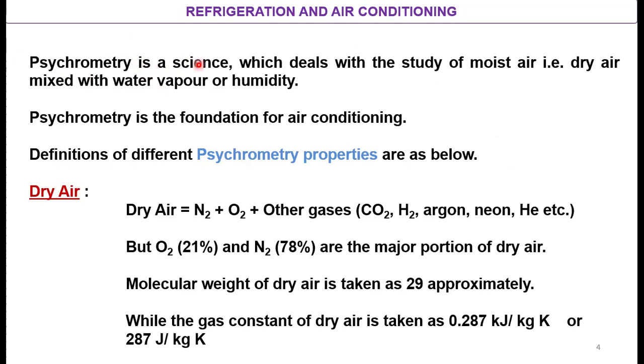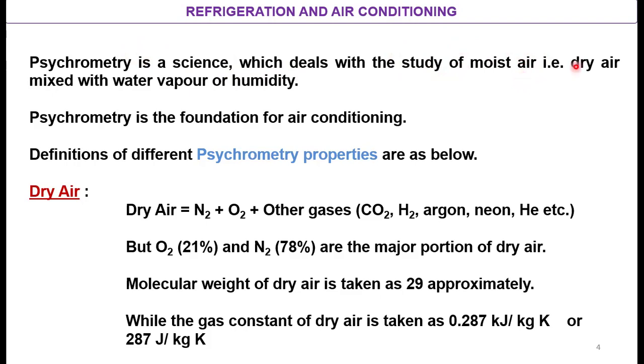Psychrometry is defined as a science or a subject or a topic or the area which deals with the study of the moisture. It is nothing but the science, the subject where the focus is to know the behavior of, or to know about, the moist air. Okay, to study the moist air.